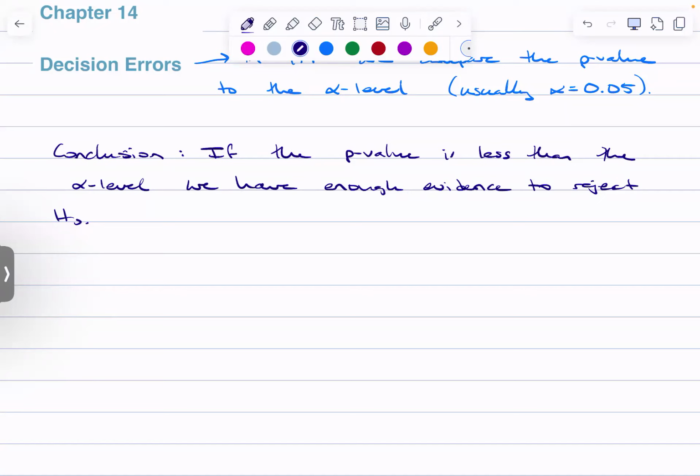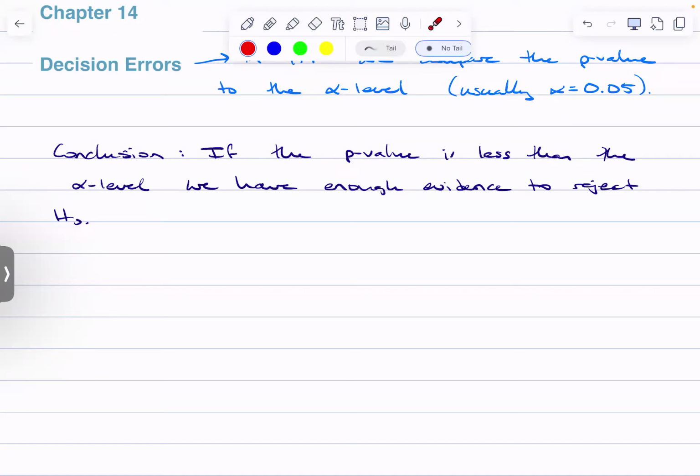But as a rule, we have to pick an alpha level before we look at our data. Otherwise, it's so tempting to adjust our alpha level a little bit. And so you have a pre-decided alpha level.